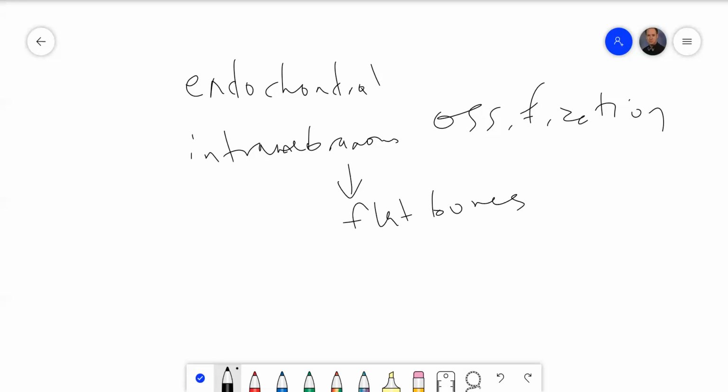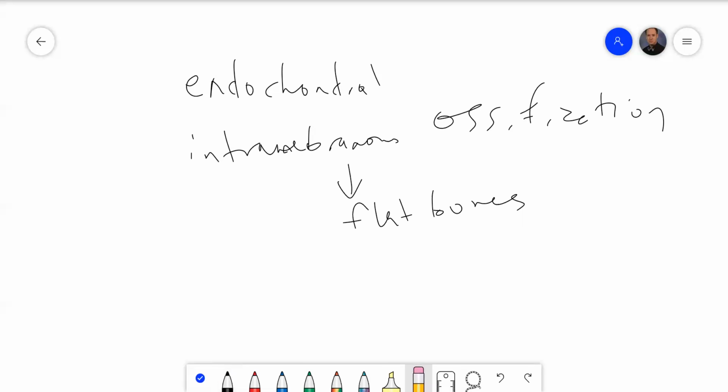Again, I'm not worried about the step-by-step mechanism here. I'm worried that you understand that endochondral ossification is how long bones form from inside this hyaline cartilage that we started with.